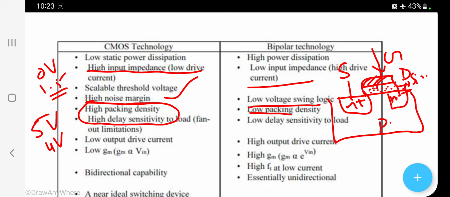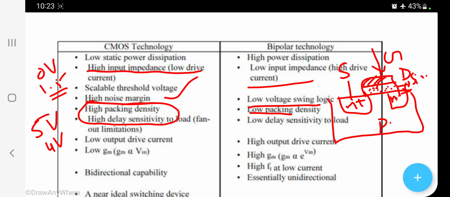So on the same square, 1 micrometer by 1 micrometer, if you take, more MOS transistors can be fabricated when compared to bipolar technology. That is why CMOS technology, which means a combination of NMOS and PMOS, has high packaging density.